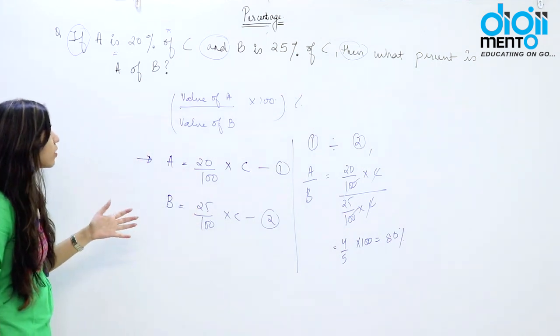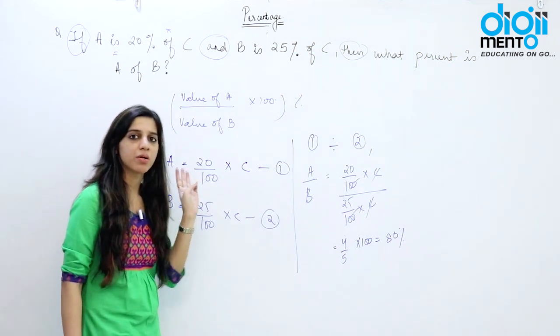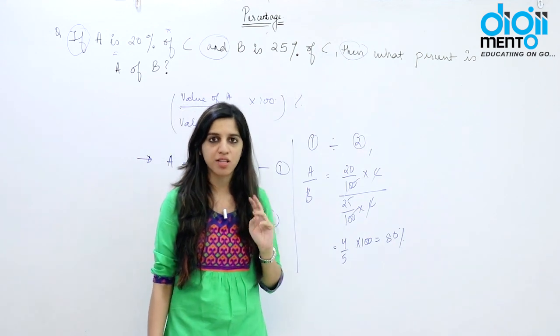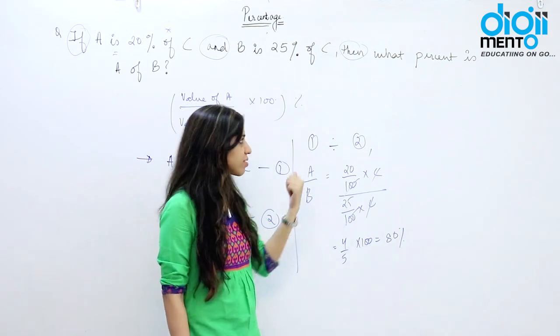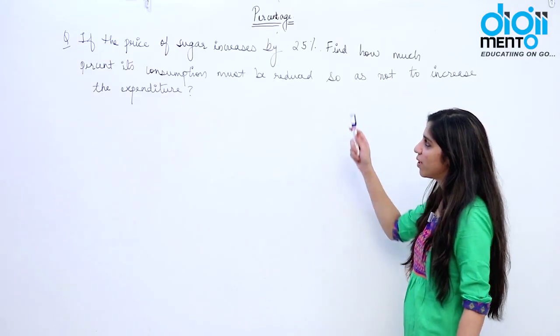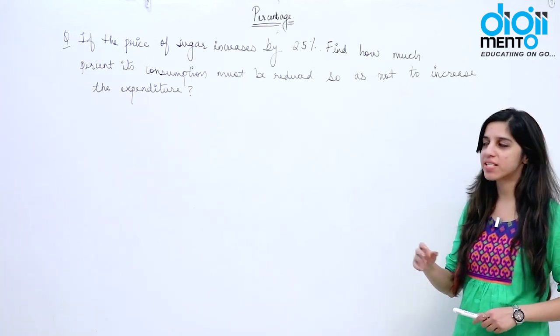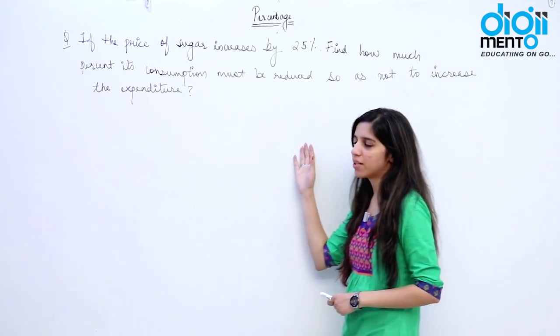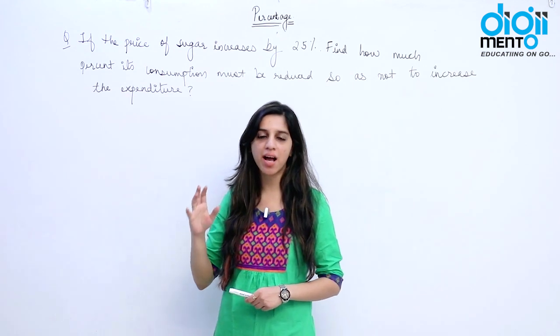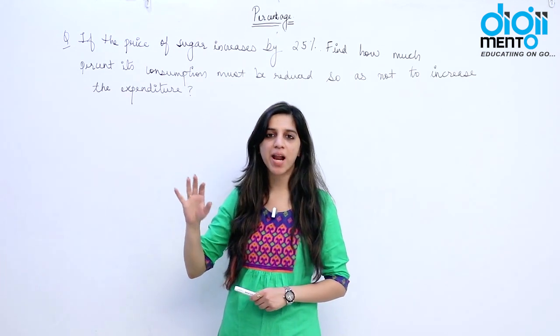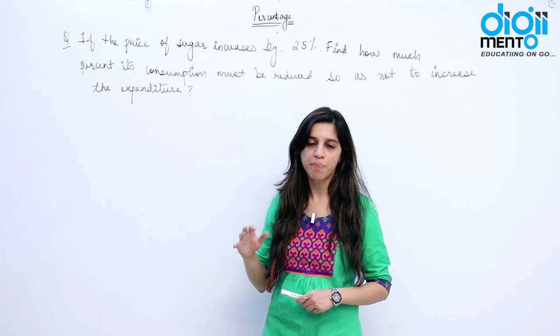Fine, so this is one model: when two quantities are compared with a third quantity and the relation between those two quantities is being asked, this is how you solve. Now we look at the next model of question. What they are giving in this type of question is a commodity. There is one commodity, and its price is going to increase or decrease.